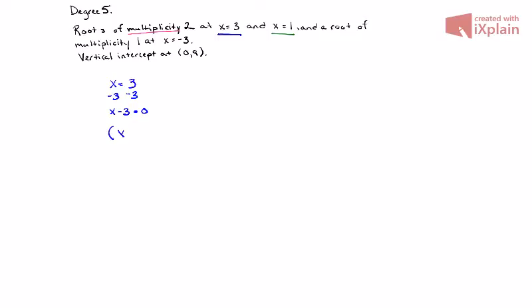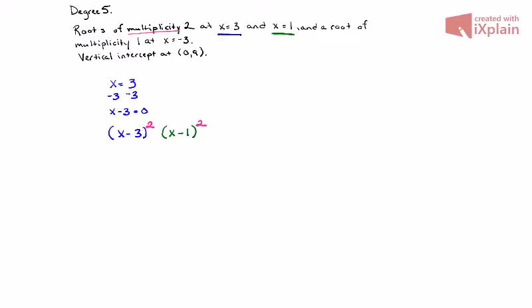So one of our roots is going to be x minus 3, and since it has a multiplicity of 2, I'm going to square that binomial. If we take a look at x is equal to 1, that must mean that I have a zero at x minus 1. It also has a multiplicity of 2.